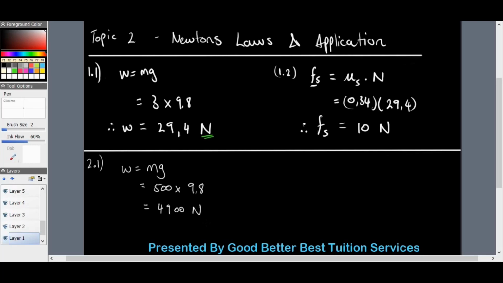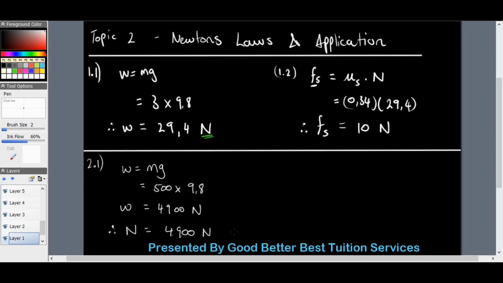All right, awesome. So it's 4,900 newtons. In this case, the weight was 4,900 newtons, so we could say therefore the normal force is equal to 4,900 newtons. And that's still correct. We can put a direction on that because remember force is a vector.